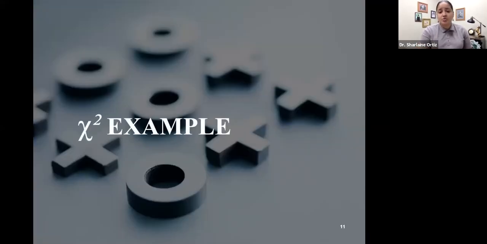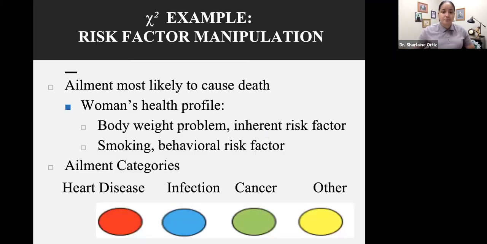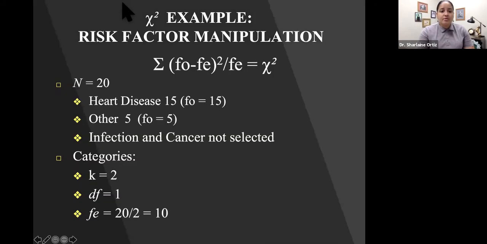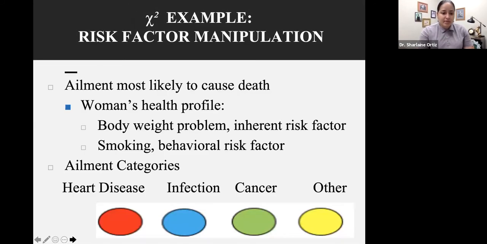Now let's look into some examples of a chi-square. In keeping with our example of an illness, let's look at which ailment would be more likely to cause death. In order to do that, we're going to think about an individual, in this case, a female, a woman's health profile.